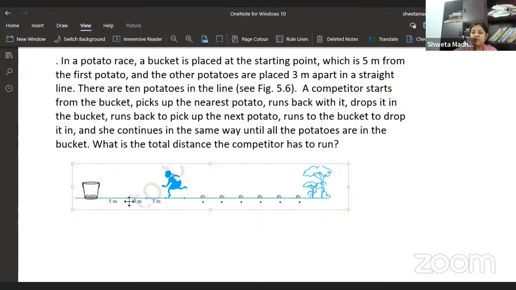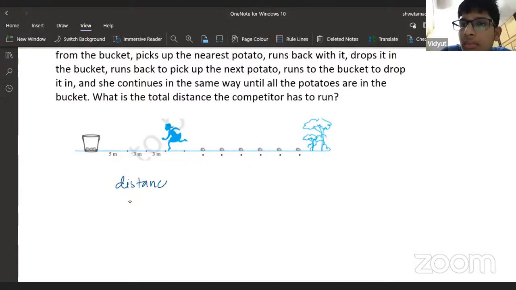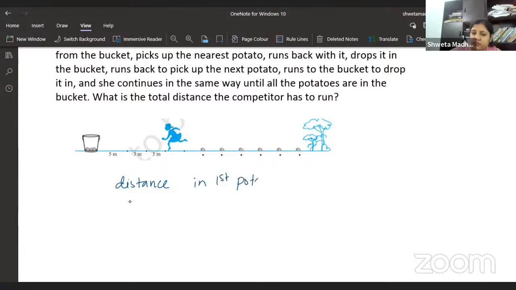For the second potato, 8 coming, 8 going, 16 meters.